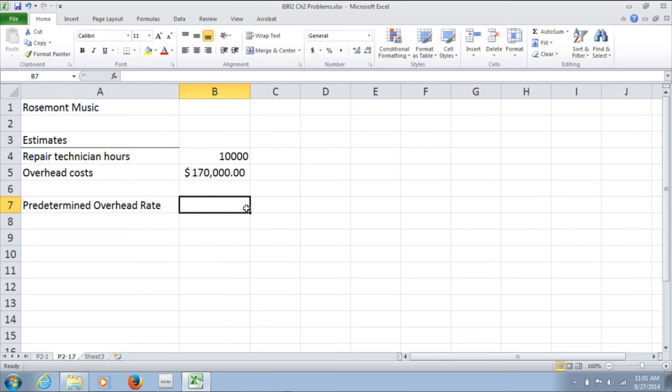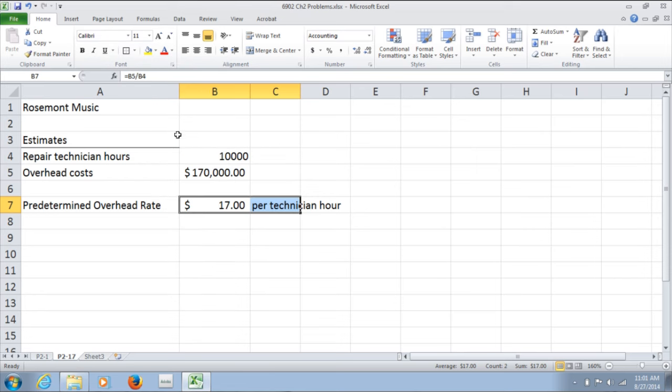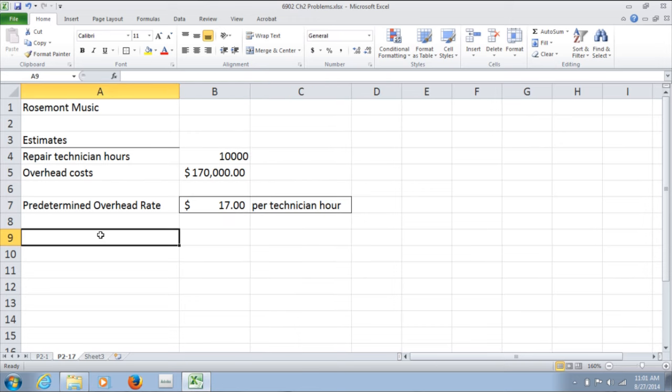So on the basis of technician hours, we would have a charge of overhead of $17. So that's how much would be charged throughout the year on an ongoing basis as far as the predetermined overhead rate is concerned.